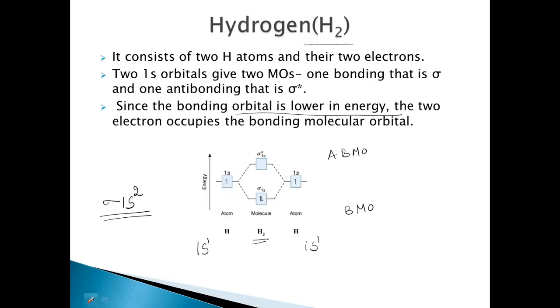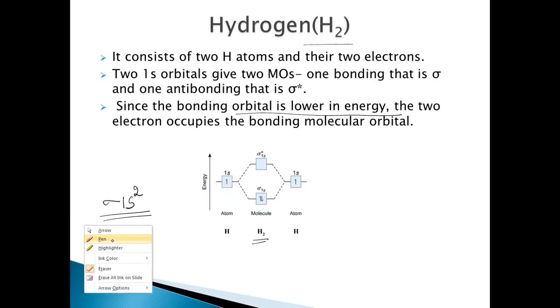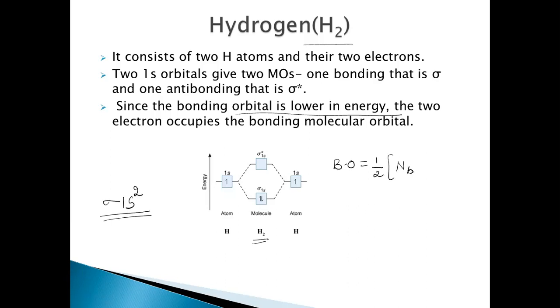Then how to calculate the bond order? Let's calculate the bond order of this hydrogen molecule. The formula of bond order is half into the number of electrons in the bonding molecular orbital minus the number of electrons in the antibonding molecular orbital. The number of electrons in the bonding orbital is 2 and in the antibonding orbital is 0.